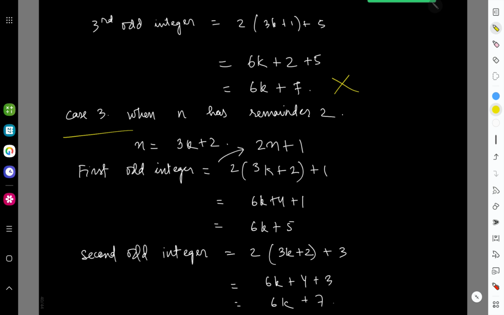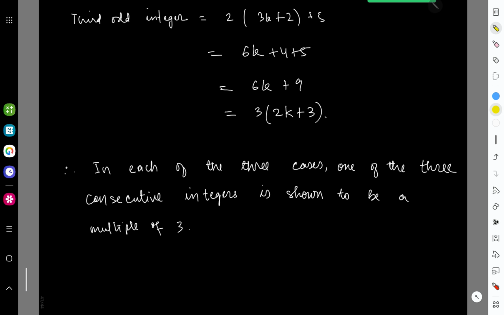Moving on to case number 3, no, no, yes. So we are able to express for all the 3 cases that whenever the number is divided by 3, we have 3 possible values of remainder, that is 0, 1 and 2.